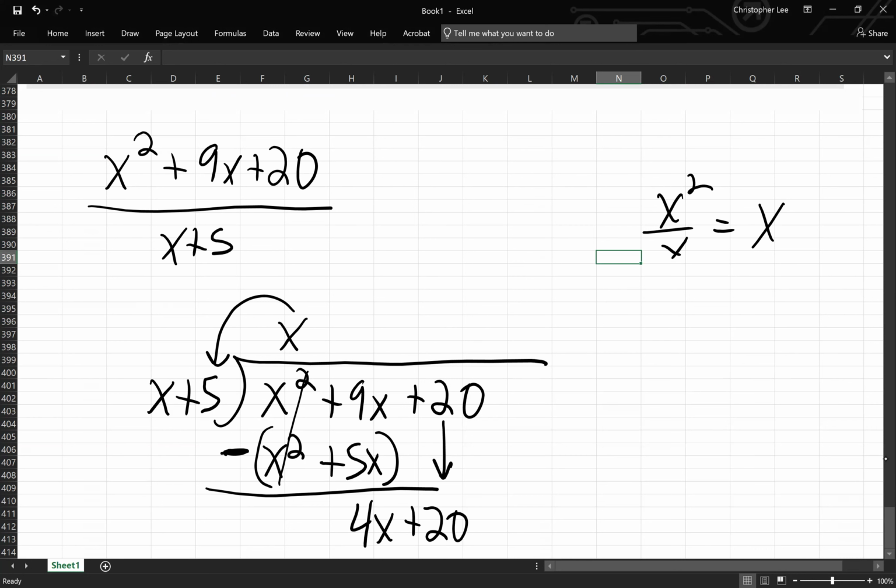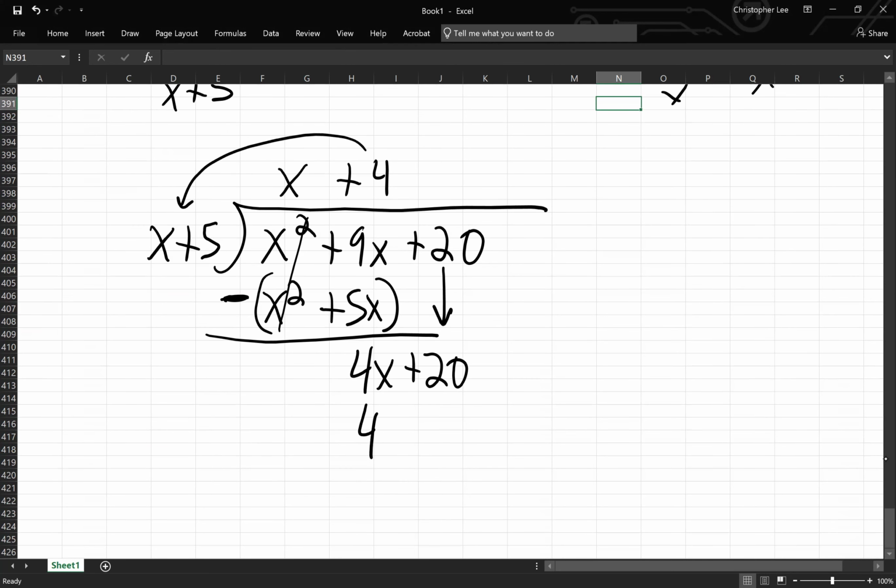Now, x goes into 4x how many times? Not 5. No. 4 times, right? So plus 4, right? Now, 4 times x is what? 4x. And then 4 times 5 is what? Plus 20, right? Put this in parentheses.